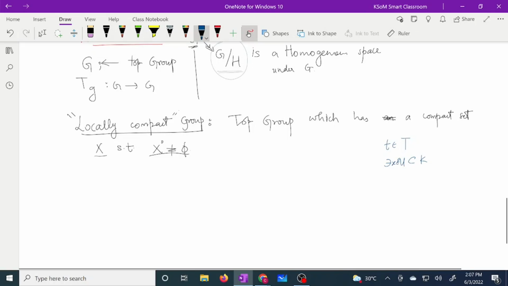This is what we mean by a locally compact topological space.